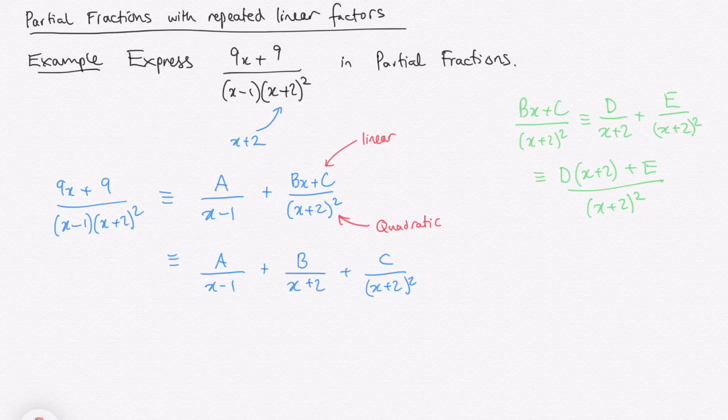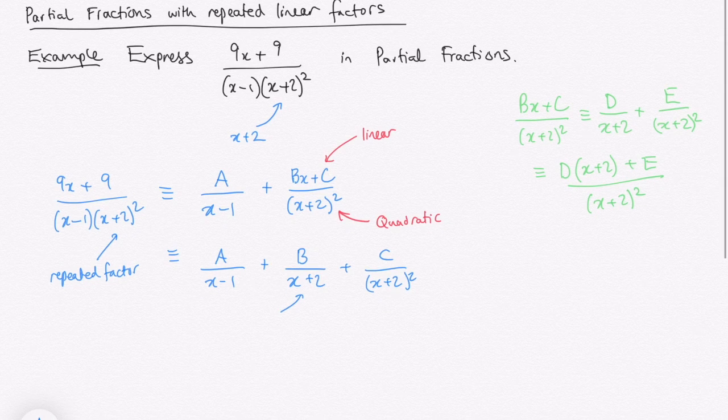And this is the general form of partial fractions we want when we have this repeated linear factor. We have one fraction which has the singular linear term, and then we have the square of that single linear term here. Okay, so let's now try and deal with this question.